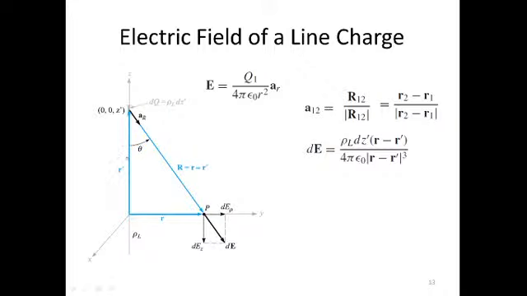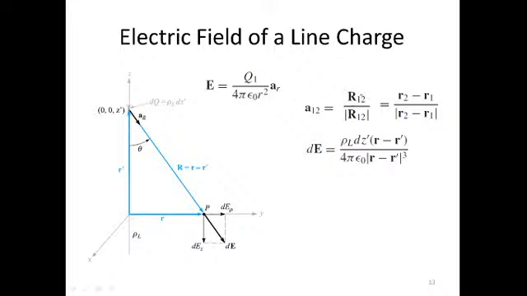Just follow the symmetry as I draw with my pointer, and here is r dash, the straight line from the origin to the location of the source charge. So we have the difference r minus r dash, and the multiplication with the unit vector.